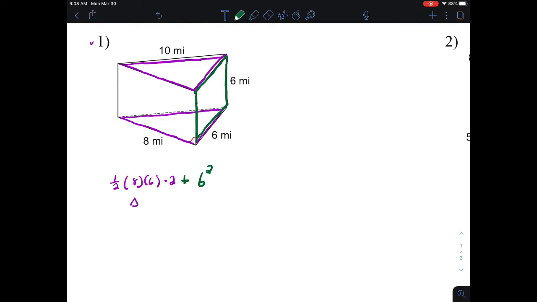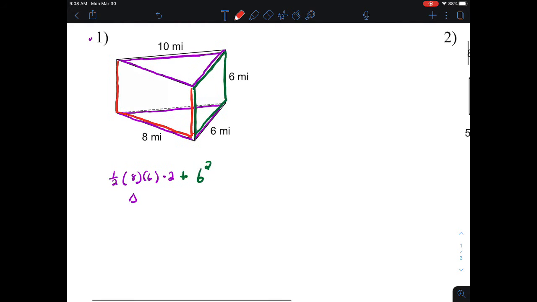Then I move on to the next shape I see, the side here that has one side length of 6 and one side length of 8. So I have that rectangle and I only see one of them, so I'm going to add the product of 8 times 6 for that rectangle.